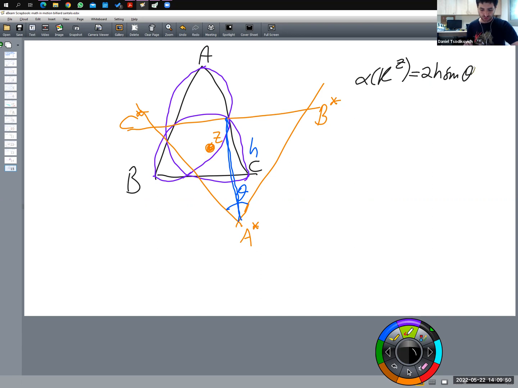Now we want to reconstruct it in terms of our original triangle. So this angle theta is the same angle in BZC, because if we connect these points here, and these angles are right angles, so in this quadrilateral, this must be pi minus theta.